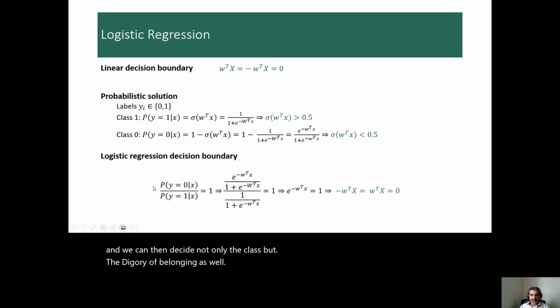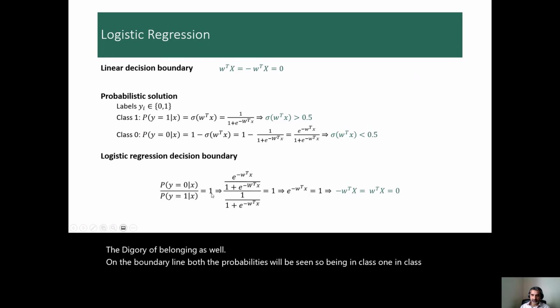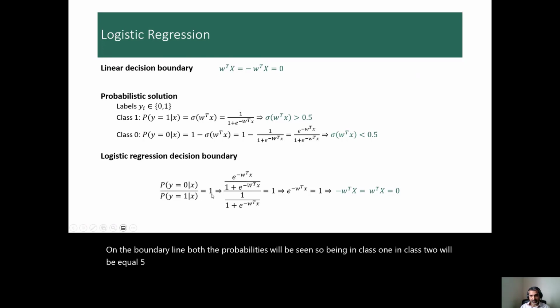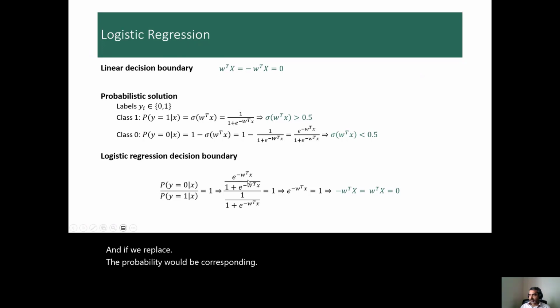On the boundary line, both the probabilities will be the same. So being in class 1 and class 2 will be equal. 0.5 divided by 0.5, we have 1. And if we replace the probability with the corresponding equations, so 1 minus 1 over 1 plus e raised to power minus w transpose x is the probability for class 0.